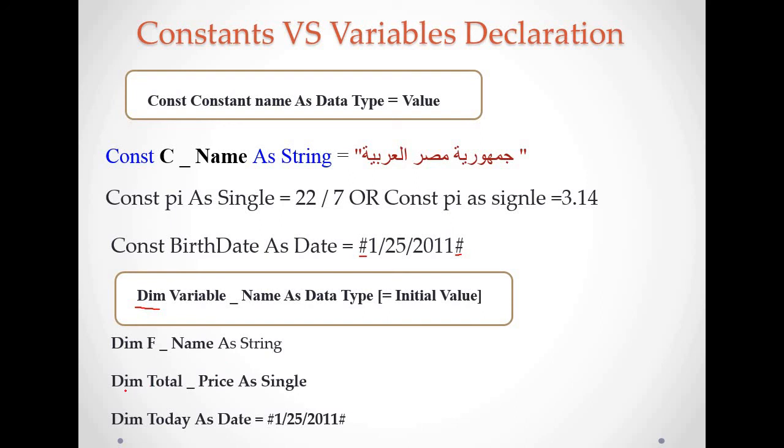Also this example: Dim to declare the variable, then total price, this is the variable name, and this is the data type. Here it is Single, as we said. And also the date: we declare the variable, and then we put the data type after the word As, and the date, as we said, can be variable and also can be constant.